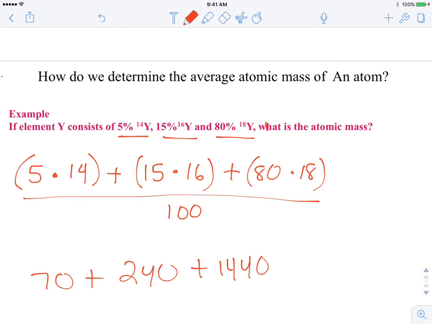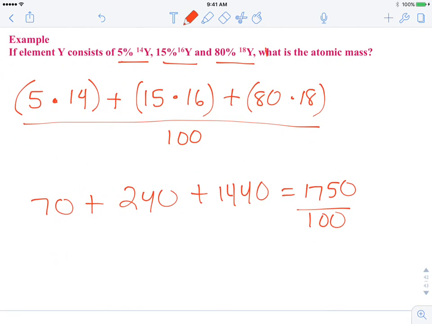I add them all together and I get 1750. Divided by 100, I get 17.5. So my question to you is, does this make sense? This is my average atomic mass. This would be in AMU. That's my question, and I'm going to pose that to you on the actual sheet.